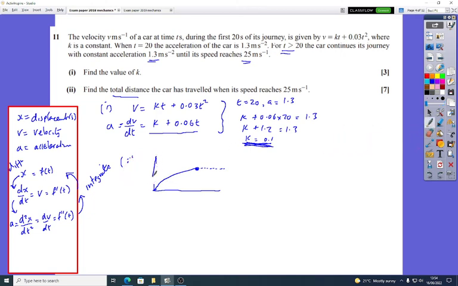That's going to be my, because I'm going to call this velocity. And then from here, my velocity is going constant. Just going to put this up here. Right, okay.